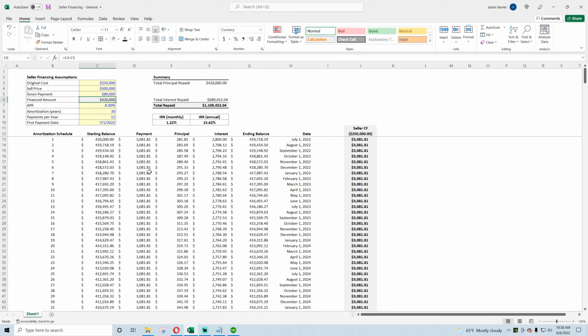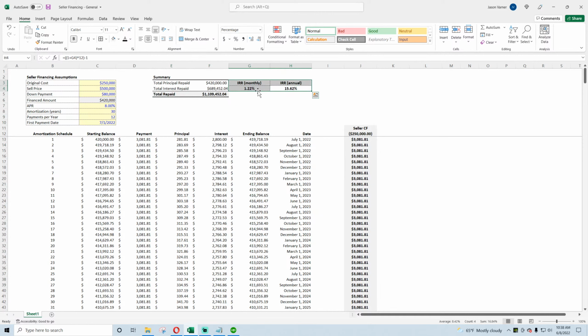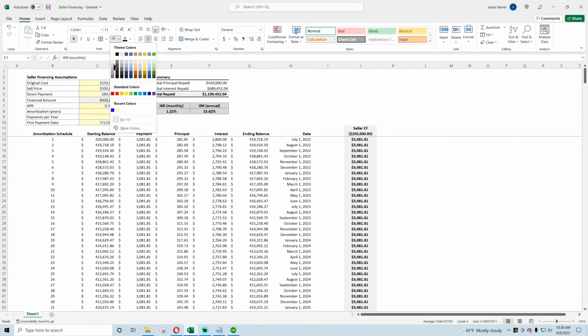So we're financing 420,000. Put this over here. It's kind of hard to see. Oh wait, no, this is okay. Okay, so 15.62% annual IRR.